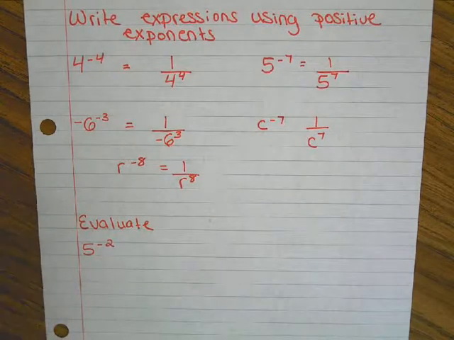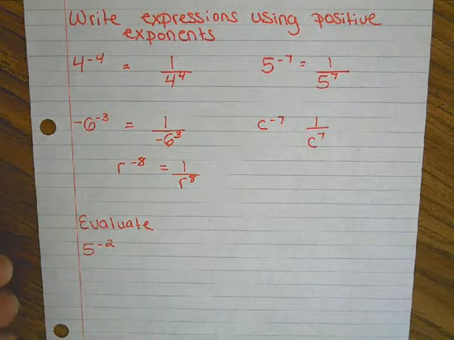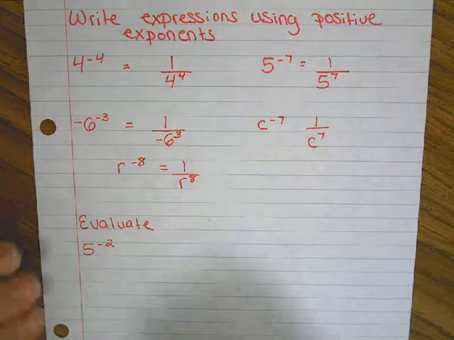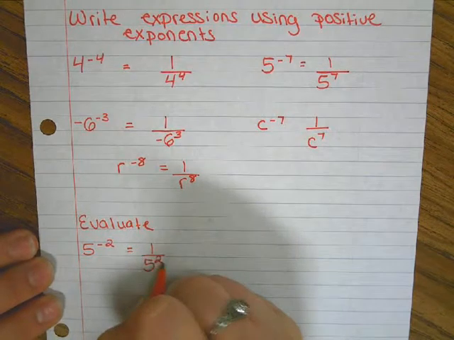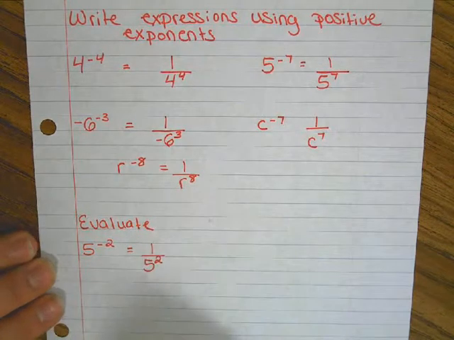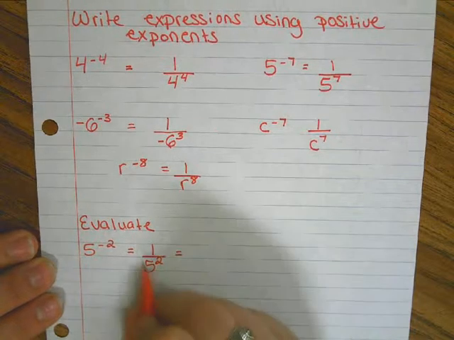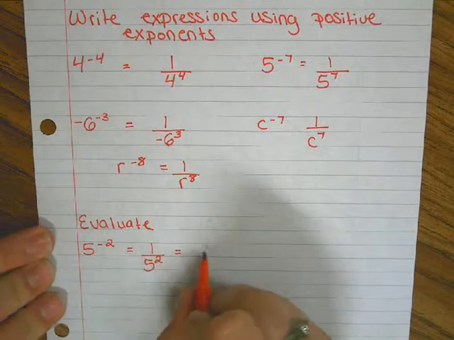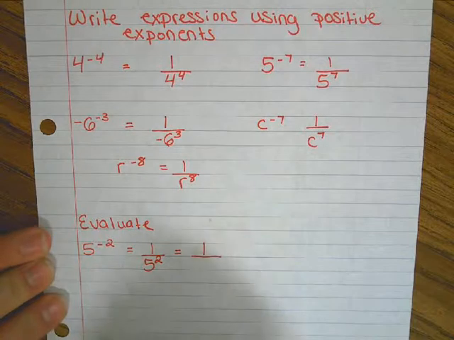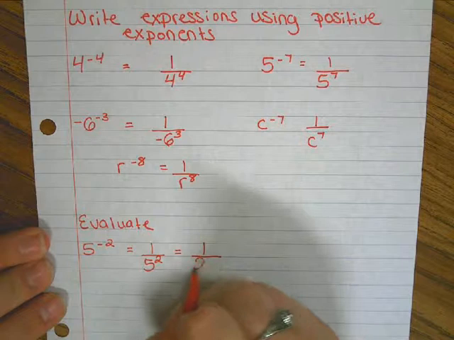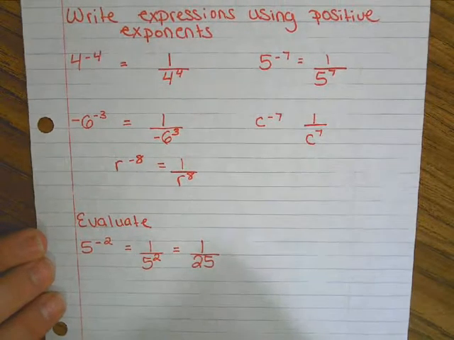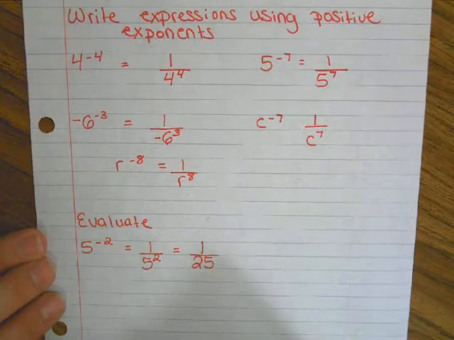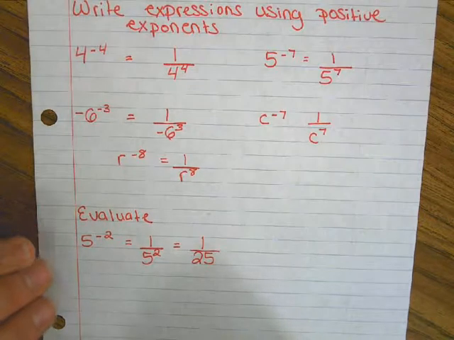How would I write it using positive exponents? 1 over 5 squared, or 5 to the second. Now I need to evaluate it. I can't have an exponent left. My 1 does not change. What does 5 squared equal? 25. Remember, it's 5 times 5, not 5 times 2. So you're leaving the 1 and just getting rid of the exponent on the bottom, so multiplying it out.